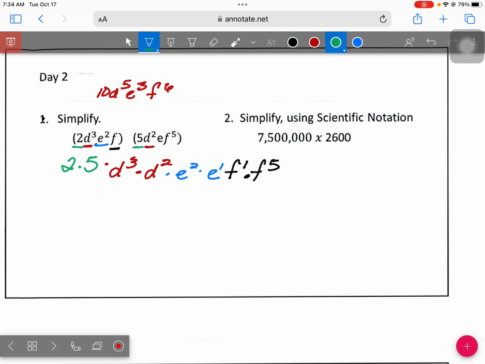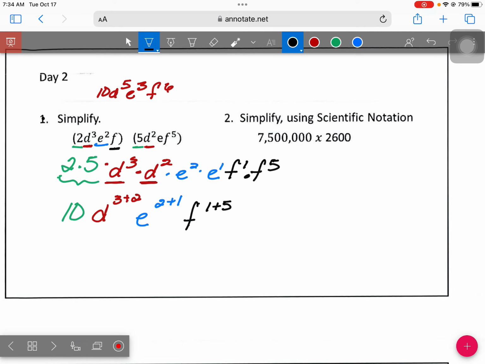All right, so 2 times 5 is 10. And when you are multiplying powers that have the same base, what do I do with the base? Keep the base, right? It's all about that base. And then what do I do with the exponents? Add the exponents, yes. So this is e to the 2 plus 1 and f to the 1 plus 5.